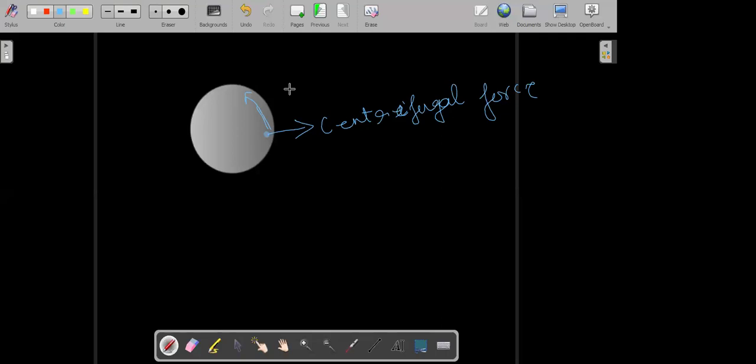The lighter particles will move away from the center, and the heavier particles will try to remain at the center. So because of this centrifugal force, the lighter substances move away from the center. Got it? So to attain this, the substance is rotated at high speed.